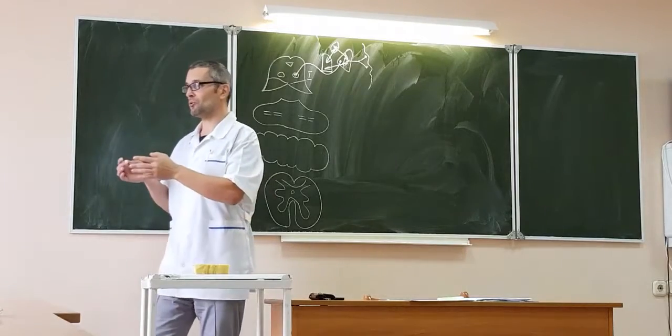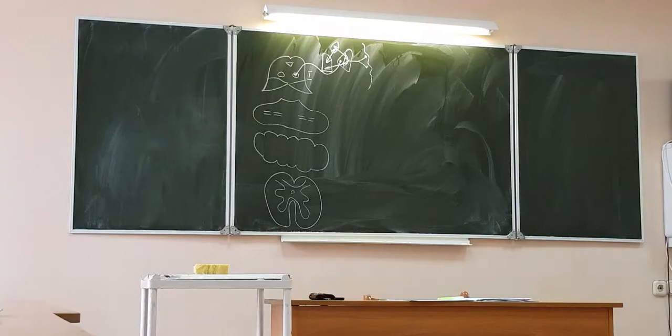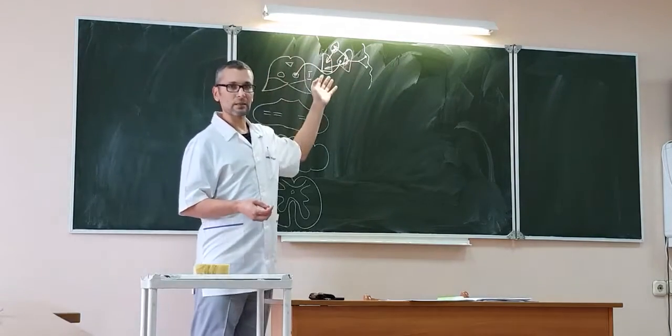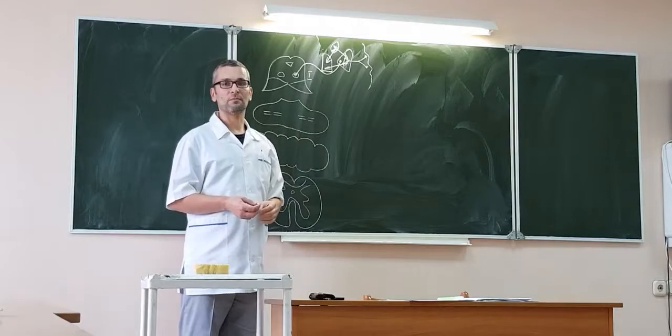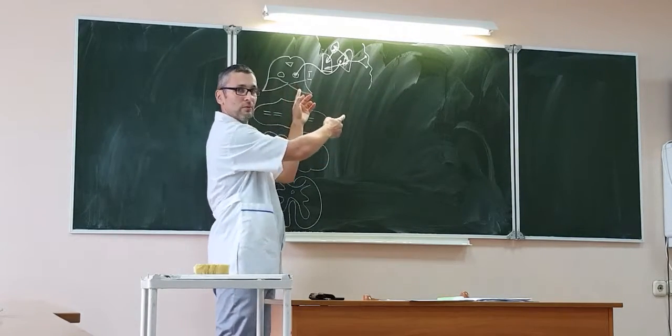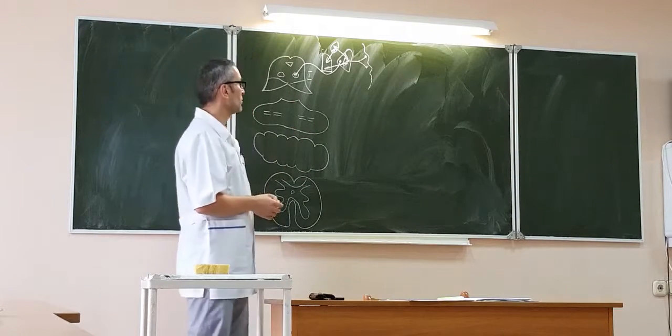And now when I go to the window, my extrapyramidal system helps me to go. So it keeps my body in balance, my movements are coordinated, and this is because of this activation of the extrapyramidal system. Understood this? Especially this part. Yes or not? Yes.